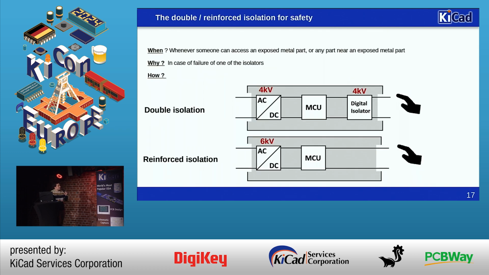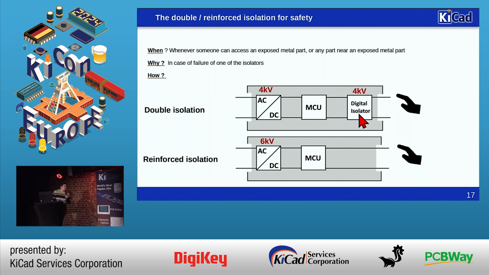So we're talking about safety, because the clearance might be bigger if this insulation is required for safety. What the standard tells us is, if it's required for safety, we have to double it. Like in this case, if I need 4 kilovolt isolation, I need a first 4 kilovolt isolation, and then the second one at 4 kilovolt or so.